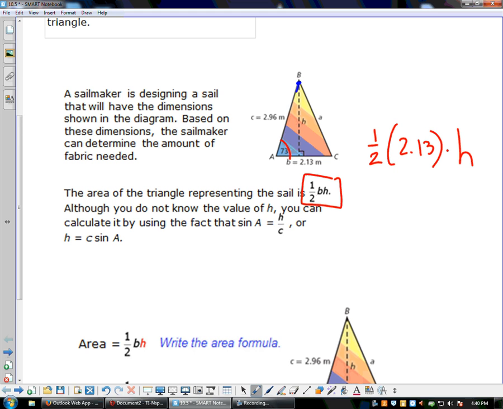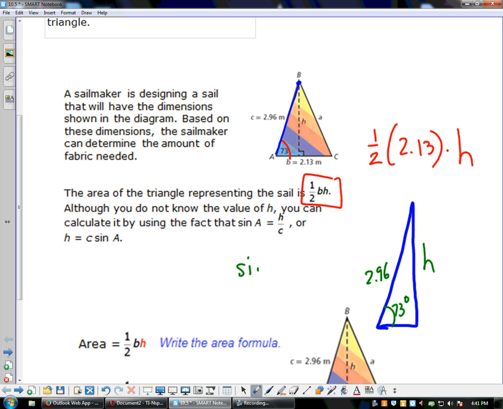here is 2.96 meters. So what we can do is look at just this triangle right here and use SOHCAHTOA to figure out the height. With this triangle, we know this angle is 73 degrees, this is 2.96, and we're trying to find h.